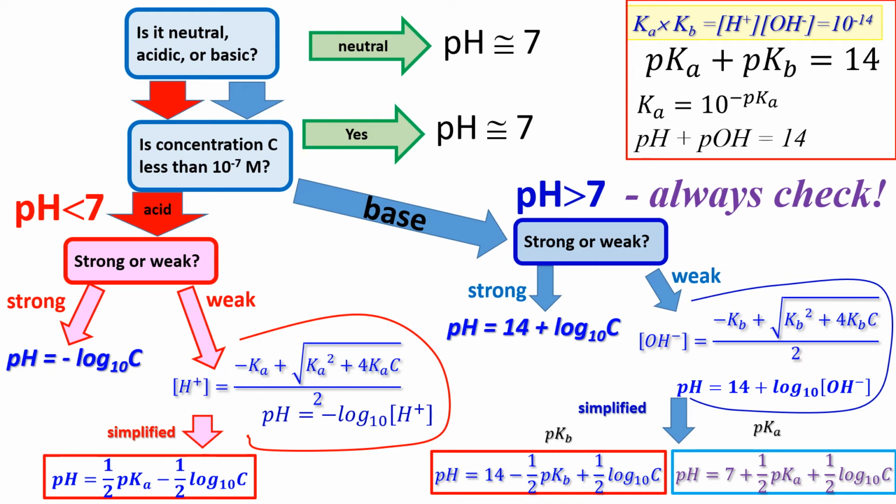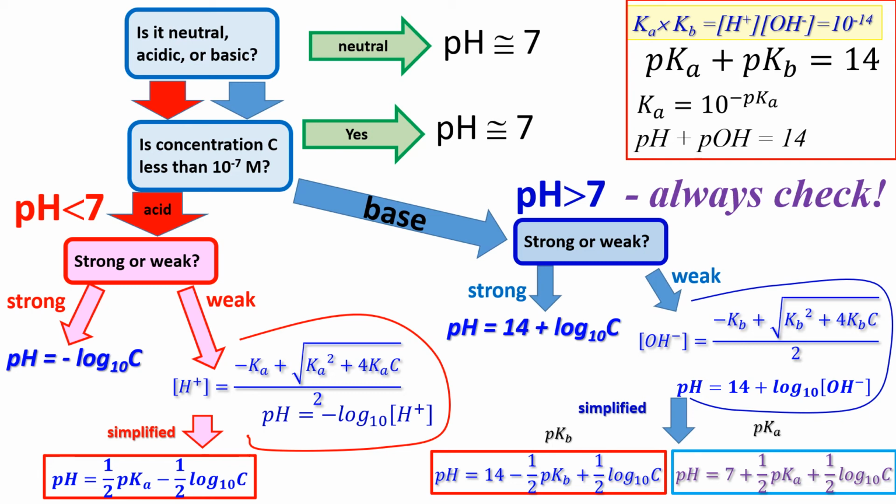Next option, base. If you're adding base, your solution is basic, which means pH is higher than 7. Exactly the same as acid, we check if it is a strong or weak base. If it is a strong base, sodium hydroxide, for example, you quickly write the answer as pH equal to 14 plus the decimal log of concentration.